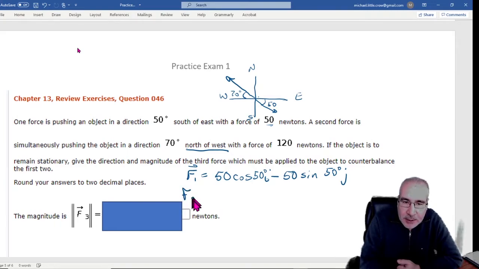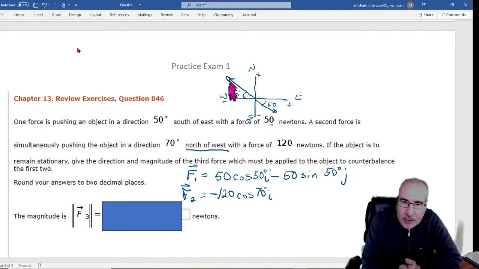For force 2, we'll notice the cosine component, the x component, is over here in the negative region. Maybe we'll label these plus that way, and it's this way. So the cosine is going to be negative, and it's 120 magnitude times the cosine of 70 degrees i.